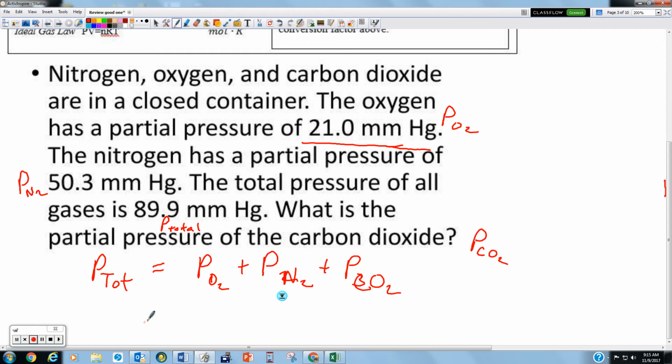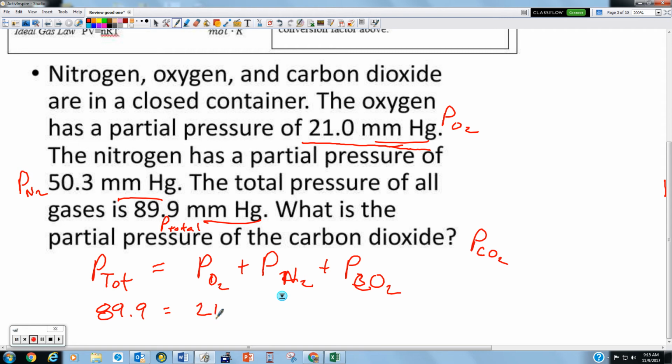All right. Also be careful on these. Just make sure, verify that all of them are in the same unit of pressure. If they're not, you need to convert to where they're all the same.